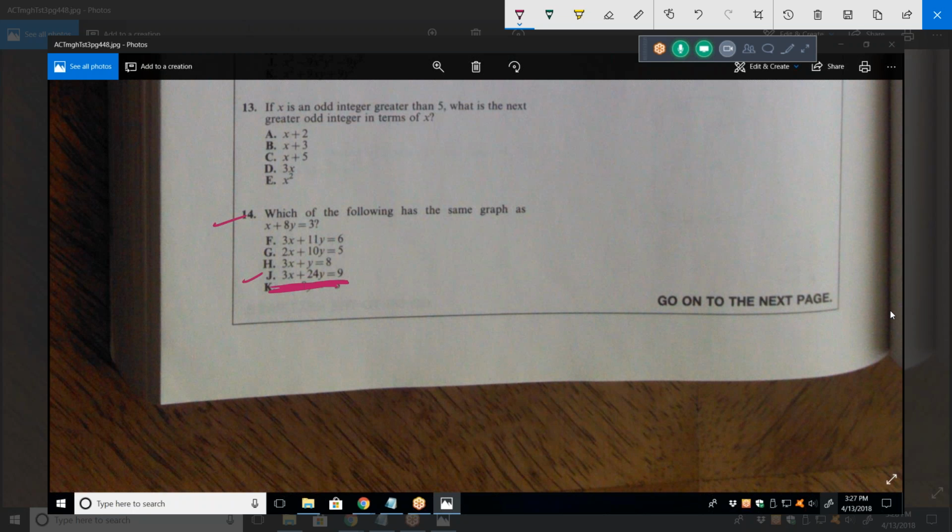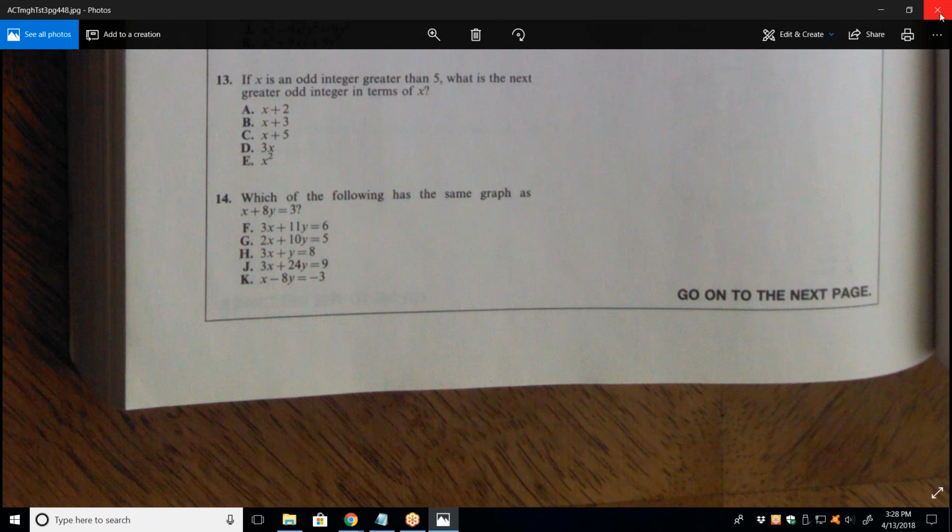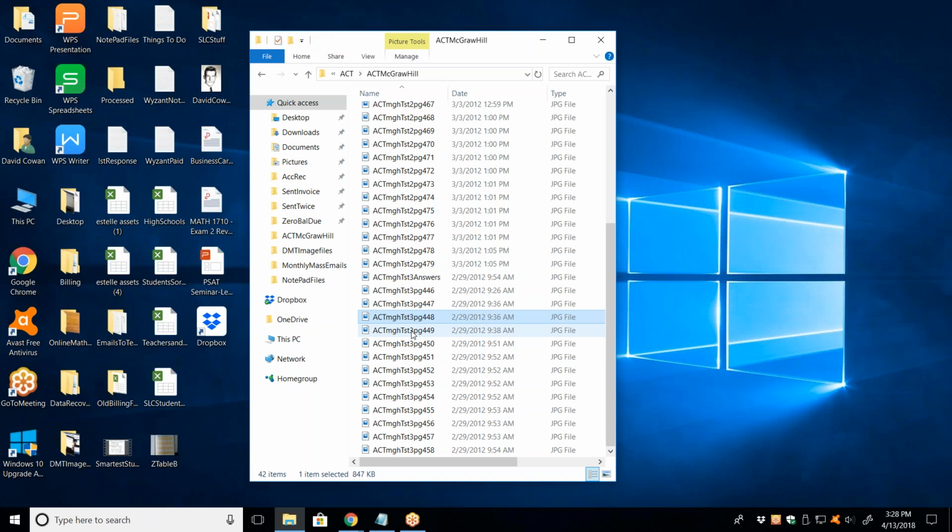And remember what the rules of algebra are. I can multiply by any number as long as I do it to both sides. And in this case, they've merely multiplied both sides by 3. All right, 14. Let's continue after this one. These are a good degree of difficulty. By that, I mean medium.